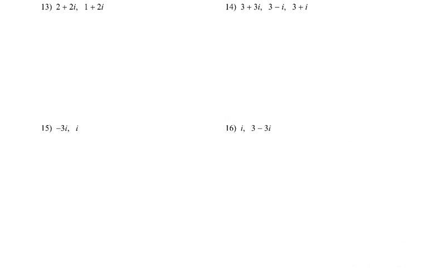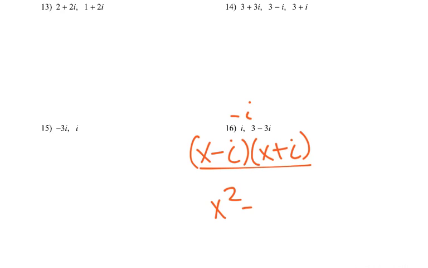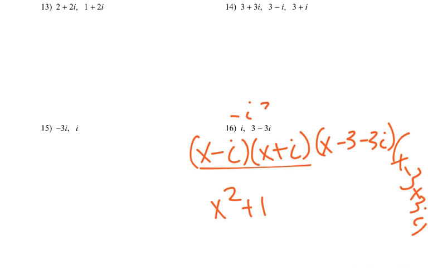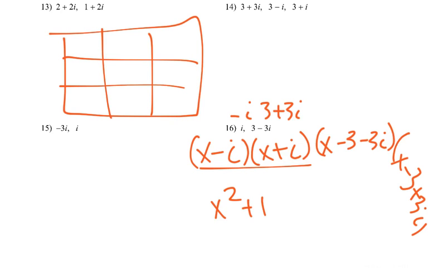Okay, it gets more complex like on number 16. So negative i again. So I've got x minus i and x plus i, which I know those ones reduce to x squared plus 1. But for the 3, it's going to be x minus 3 minus 3i, and then x minus 3 plus 3i. Because we're going to have the 3 plus 3i here as well. So that one's going to be a little trickier when we multiply it out.